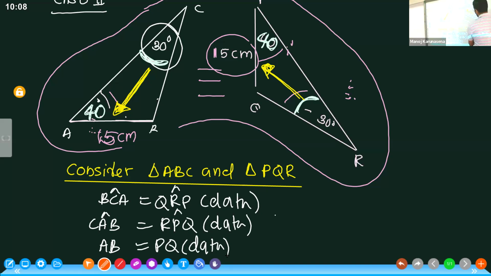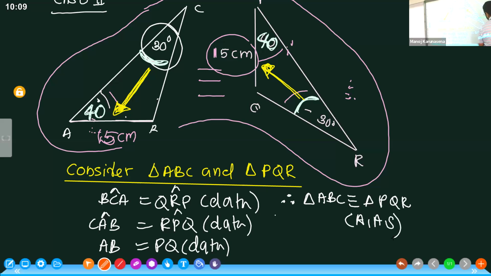Therefore triangle ABC is congruent with triangle PQR. The case is angle, angle, side.